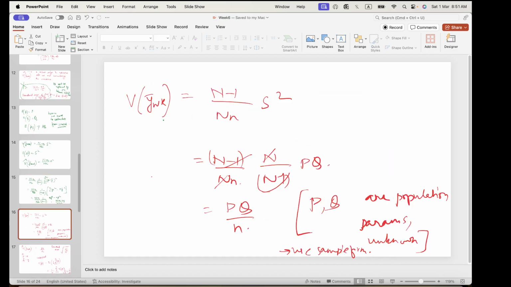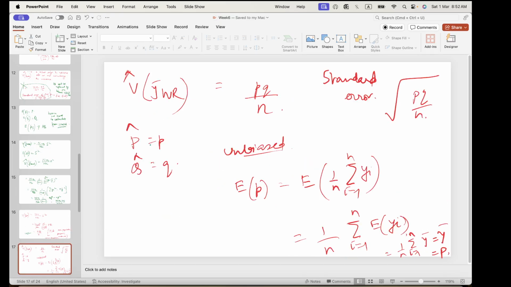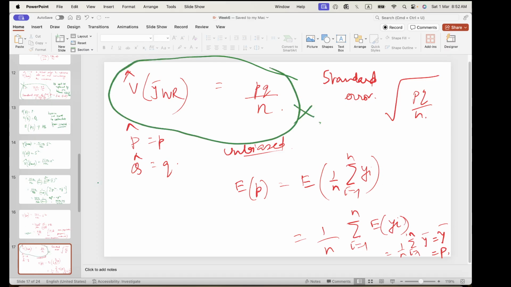Similarly, we have this formula which is true. These are population parameters. But this thing, variance of y hat WR P cubic by N, this again is wrong.